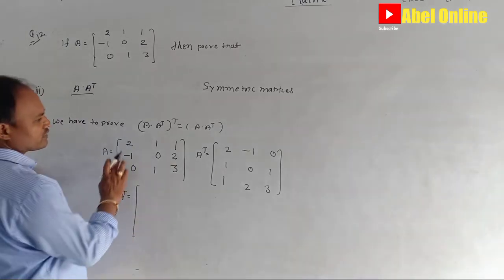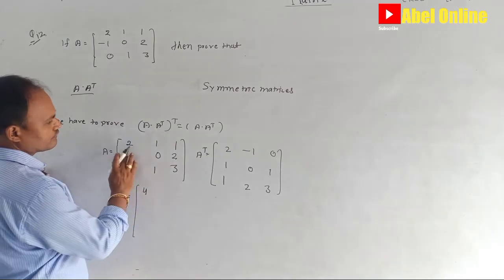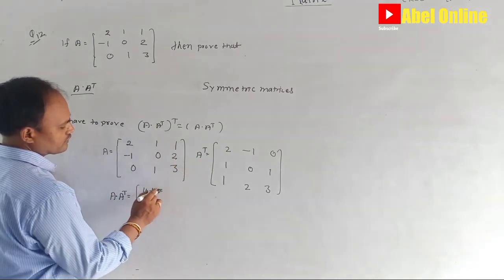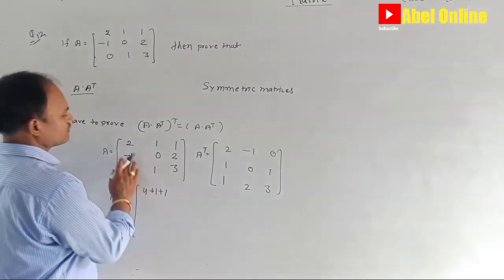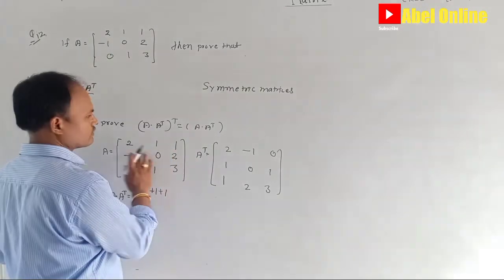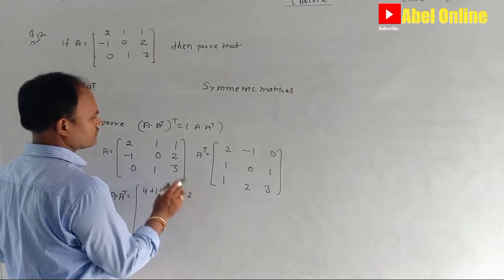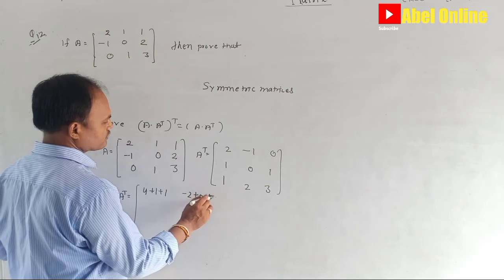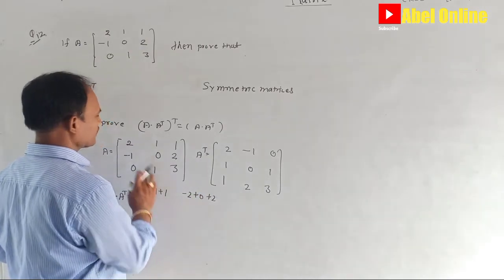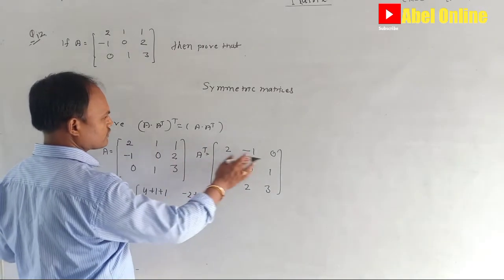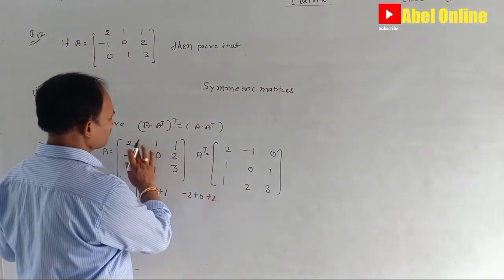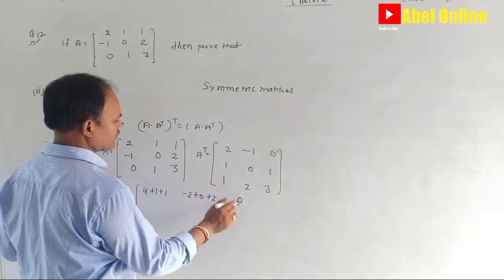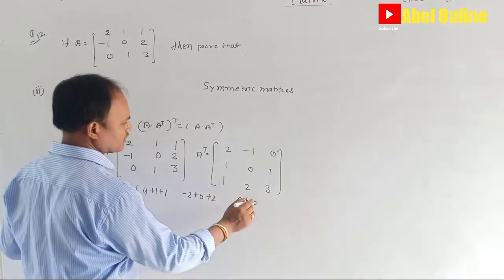So what is the resultant? 2 into 2 is 4. Minus 1 into minus 1 is 1. 1 into 1 is 1. Now 2 into minus 1 is minus 2. 1 into 0 is 0. 1 into 2 is 2. 2 into 0 is 0. 1 into 1 is 1, and 1 into 3 is 3.